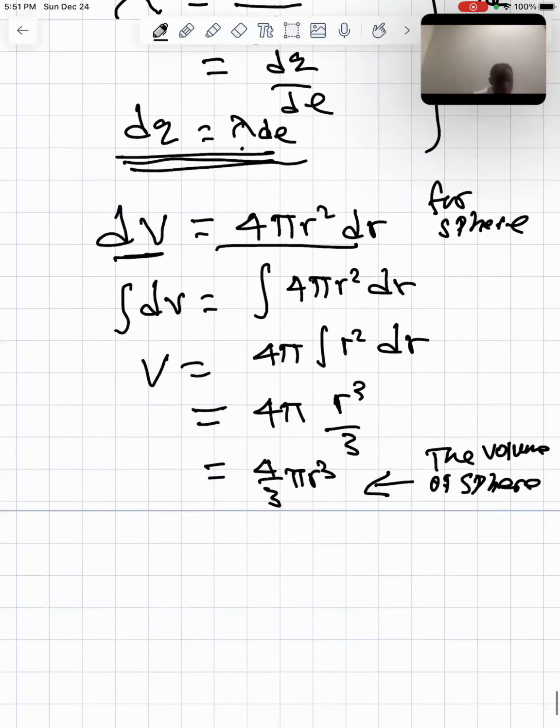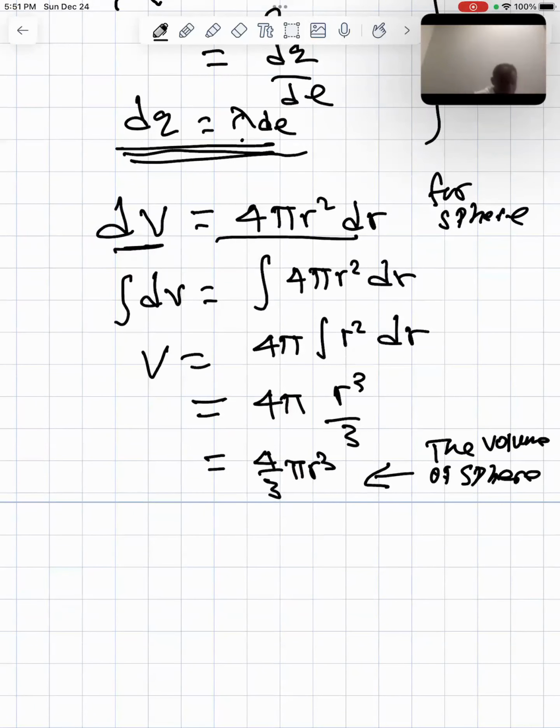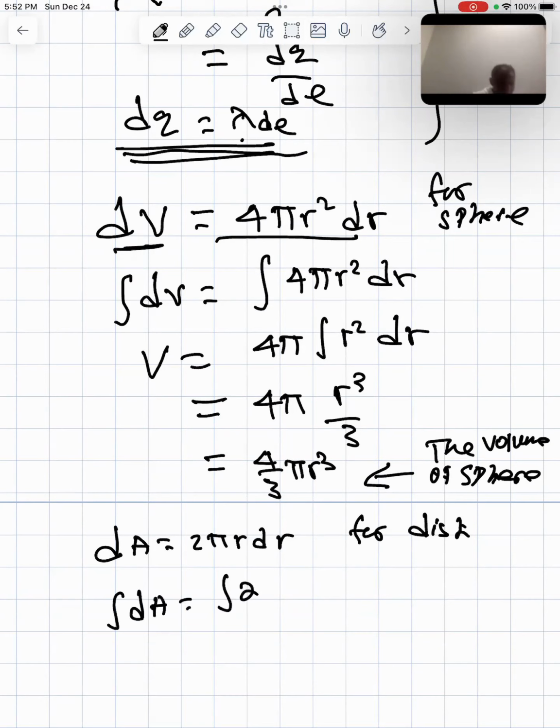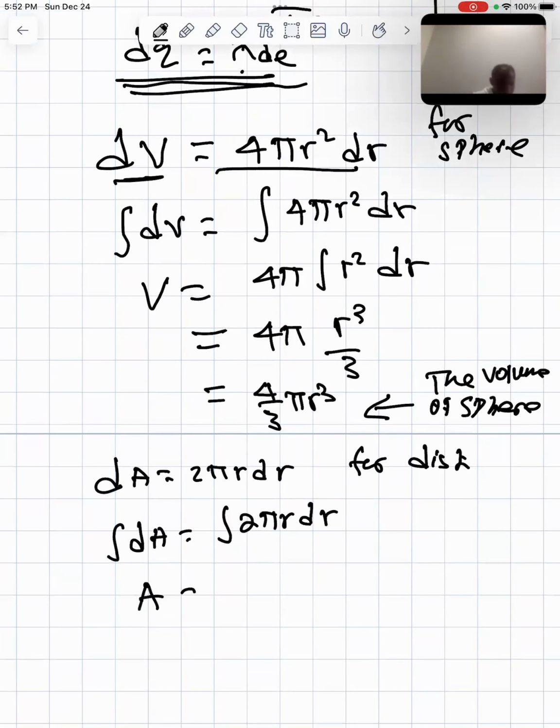Now for a disk, or a two-dimensional system, dA is just 2 pi r dr. Check it out. How could I know? If you integrate dA, it's going to be the integral of 2 pi r dr. 2 pi is a constant, so you get 2 pi r squared over 2, which is pi r squared.